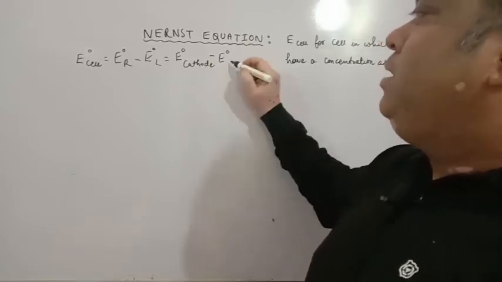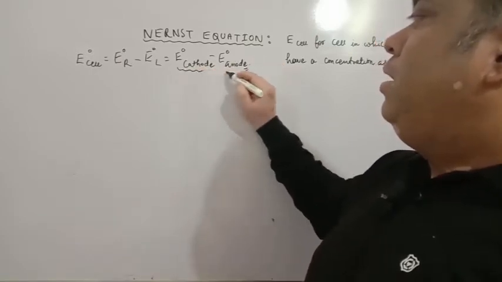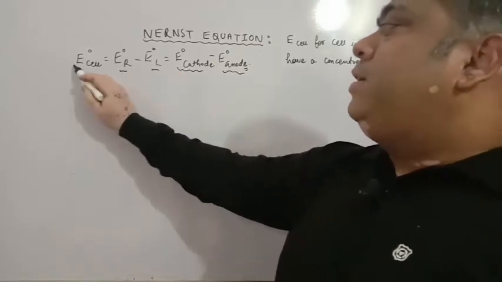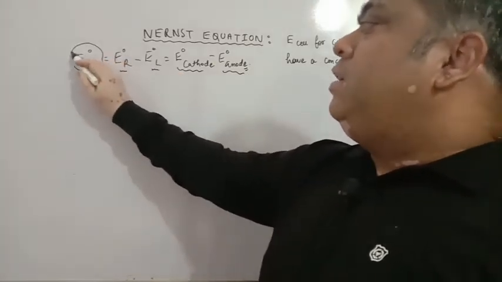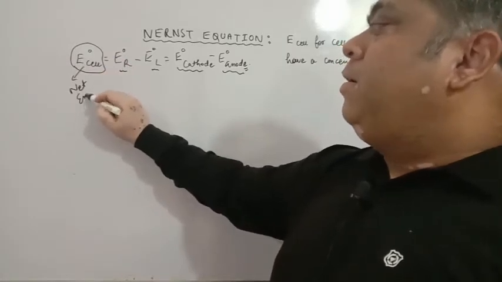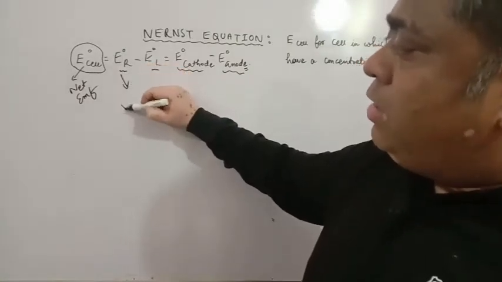E cathode minus E anode. These all are half cells. E right and E left is half cell, whereas this is net EMF of the cell. And these are individual reduction potential.